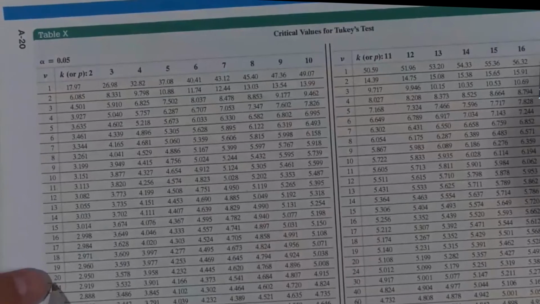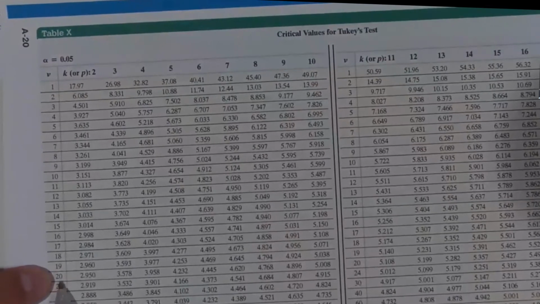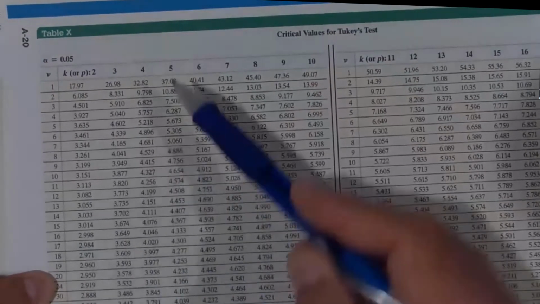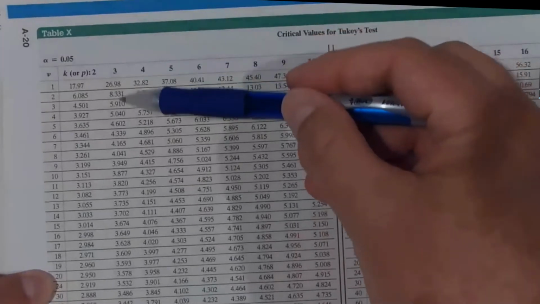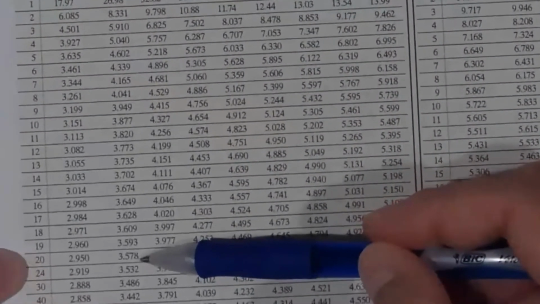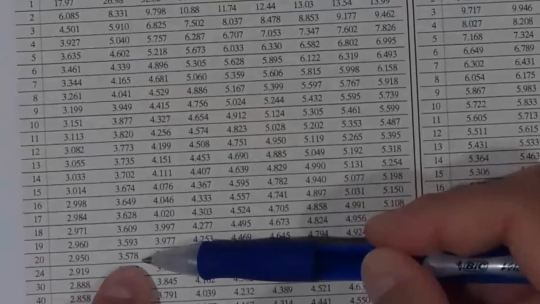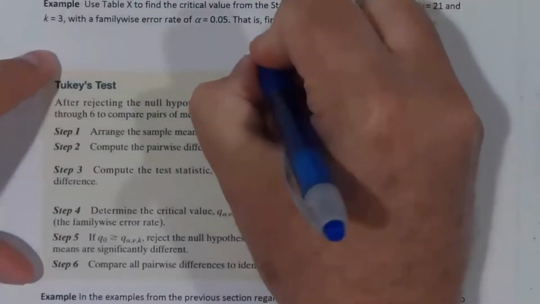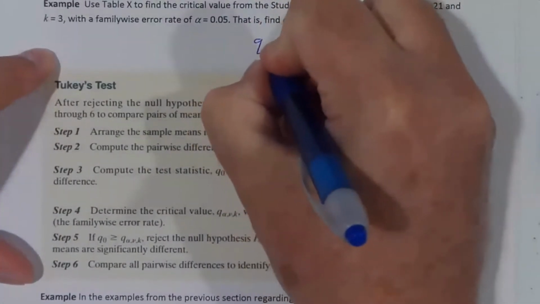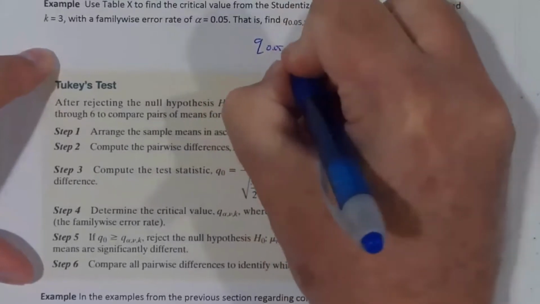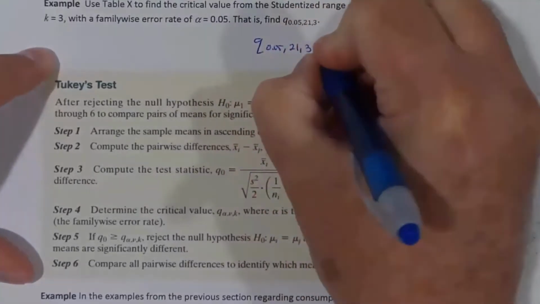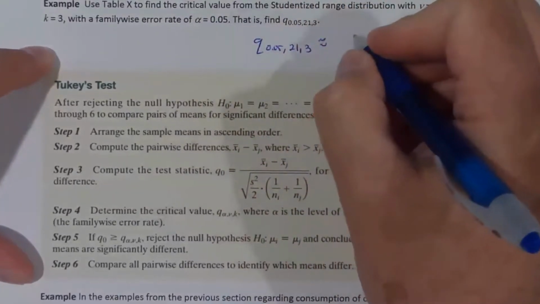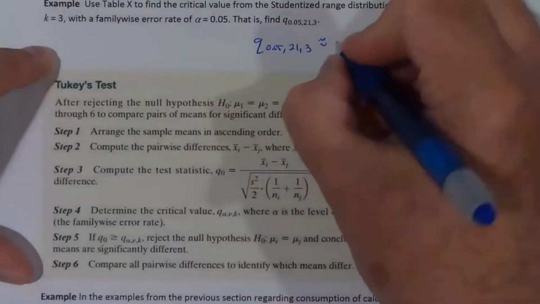My closest option to 21 is 20. So I'm going to use that. I'm going to go over to where K equals 3. That's over here. And so my critical value would be 3.578. So Q sub 0.05, 21, 3 is going to be approximately 3.578.